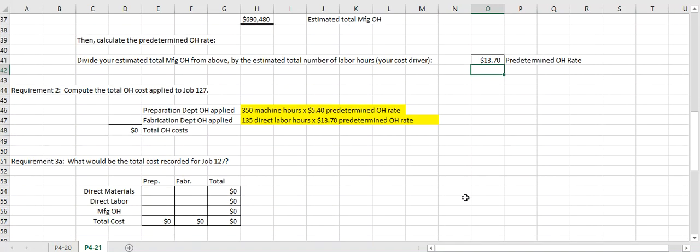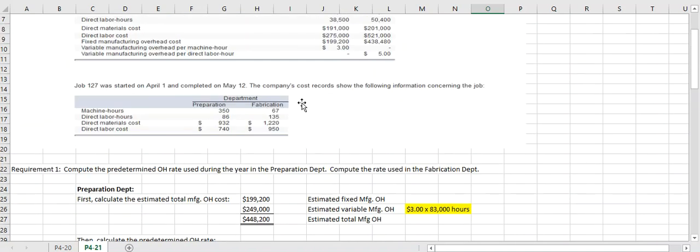So requirement 2 says compute the total overhead cost applied to job 127. So if we look at job 127 up here, we've got some costs for the preparation department and some costs for the fabrication department. So if we're calculating the amount of overhead applied to this job, we're going to take the number of machine hours and apply that amount in the preparation department.